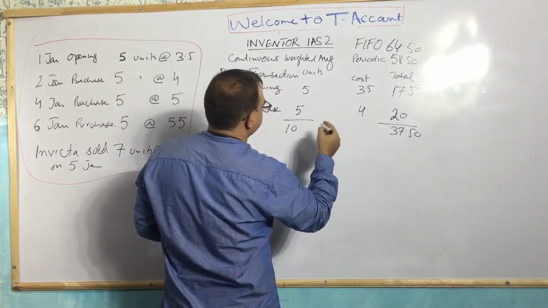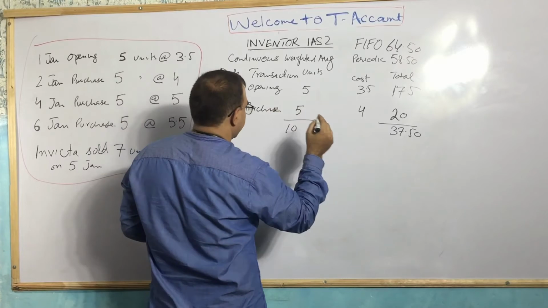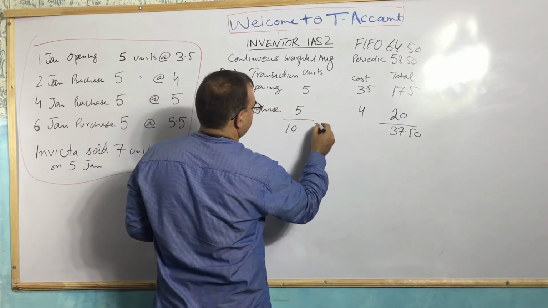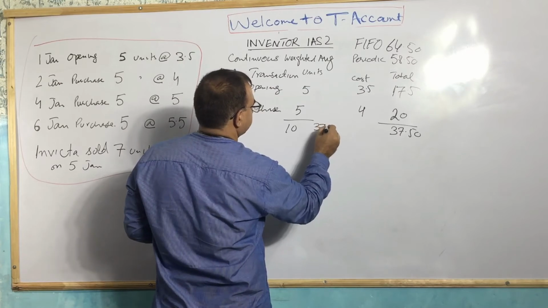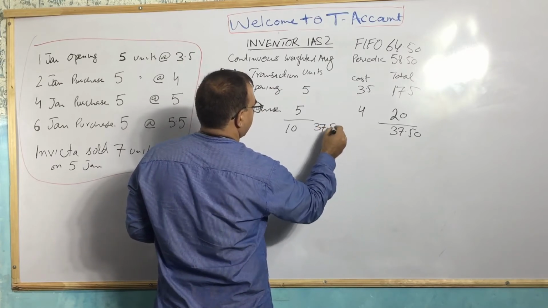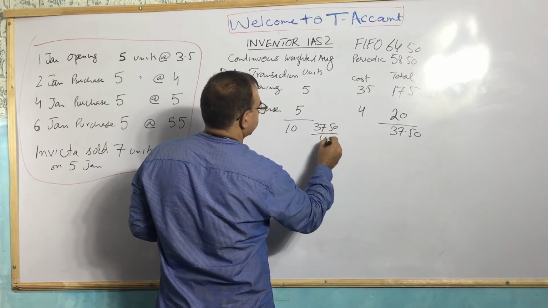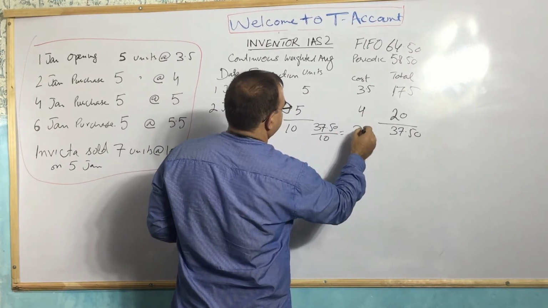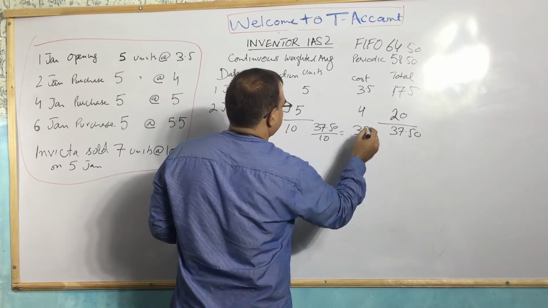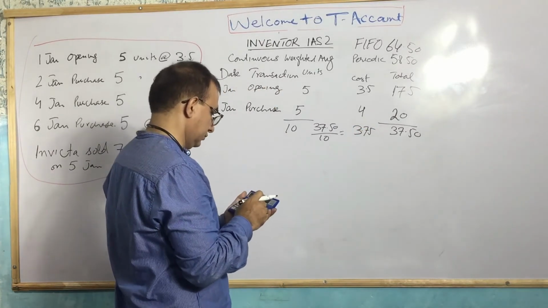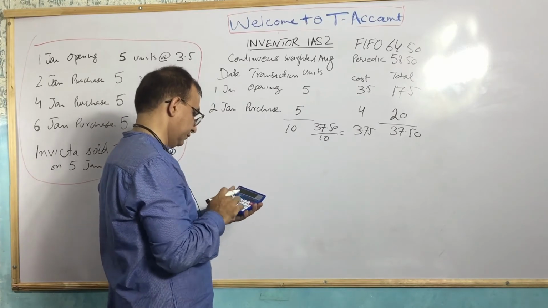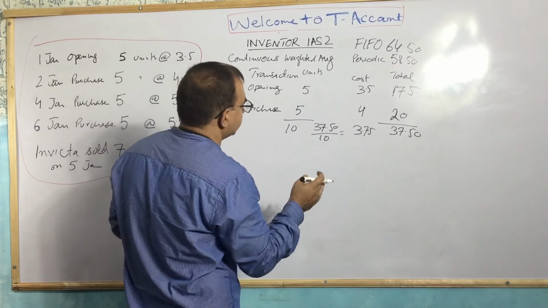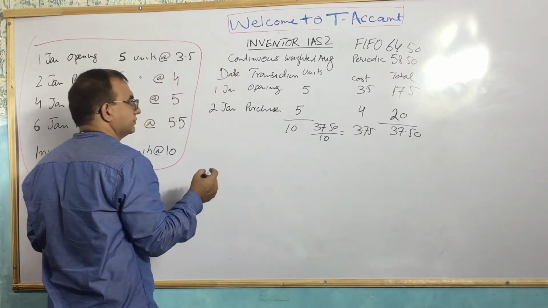By using this information you will get the updated rate here. How? Total value by total units. You will get per unit rate as 3.75. Okay, so after each transaction you will have to update the rate.